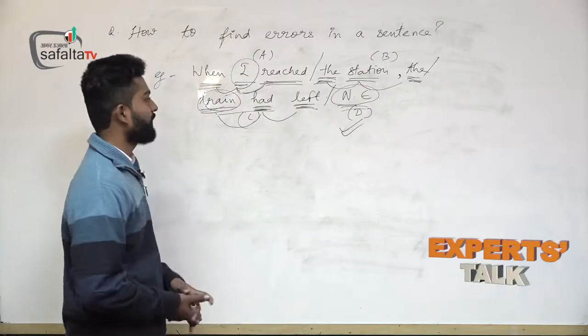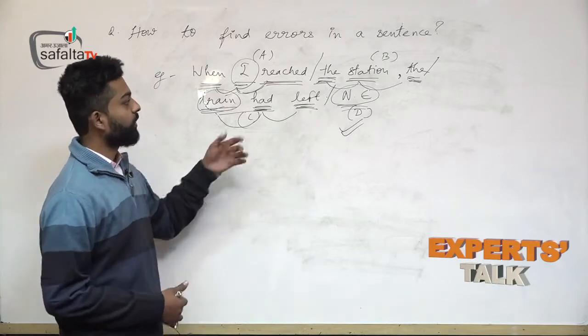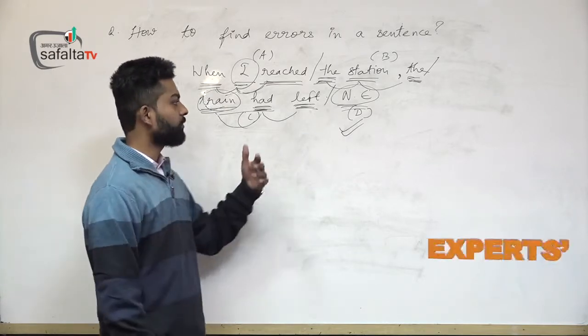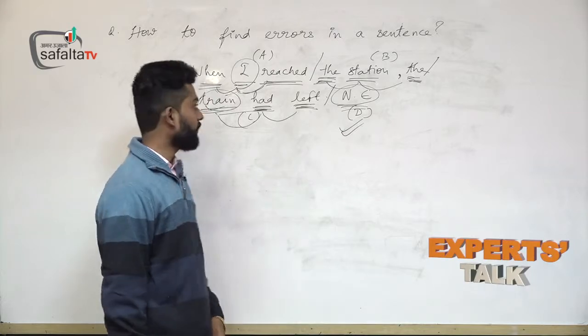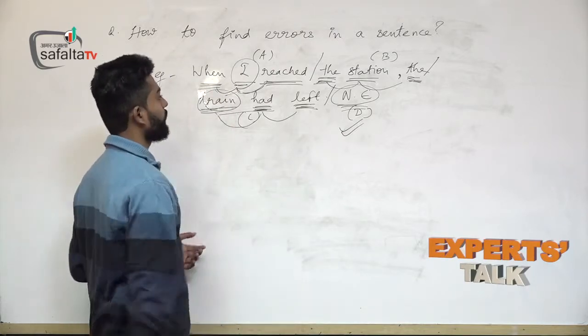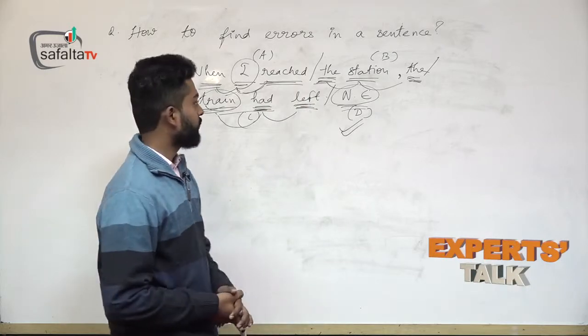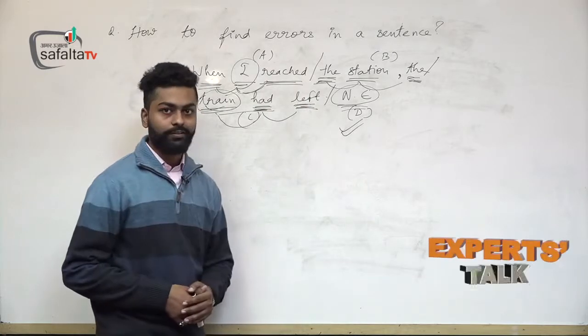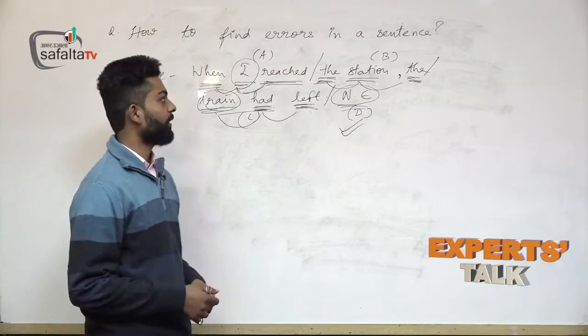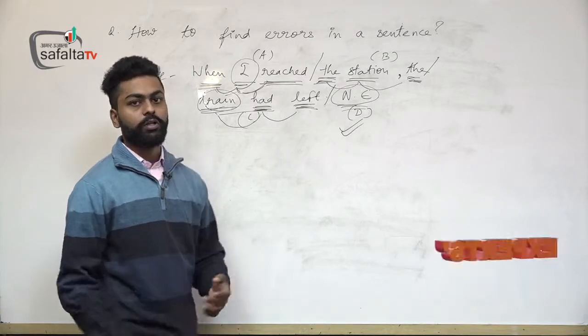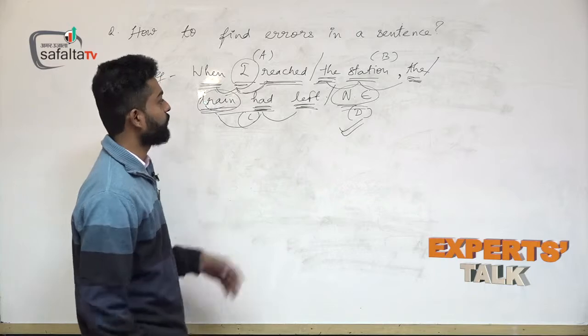So in this first example we have seen that there is no error, and how we come to the decision that there is no error in the sentence: while looking at the sentence word by word and seeing whether there is any grammatical mistake, any mistake of tense, or any mistake of spelling, or in the verb, noun, preposition or conjunction used.